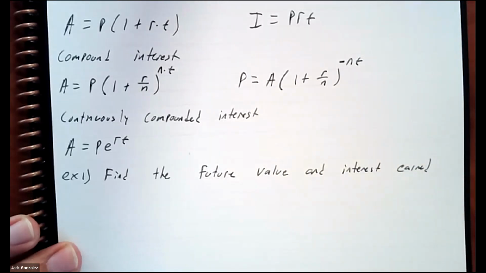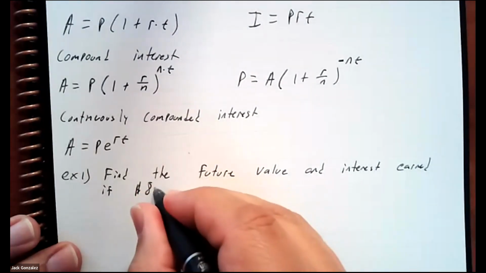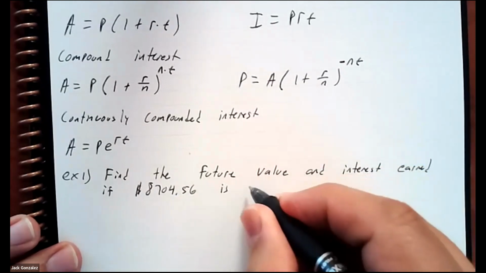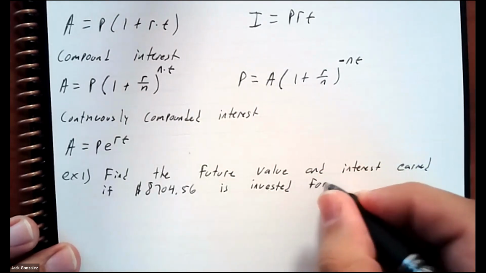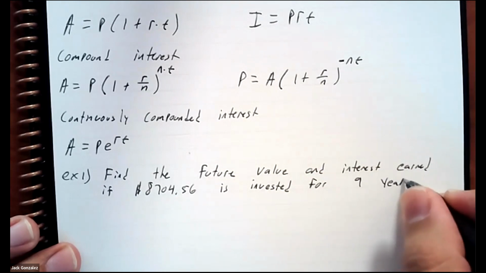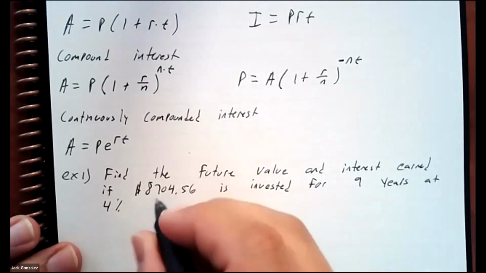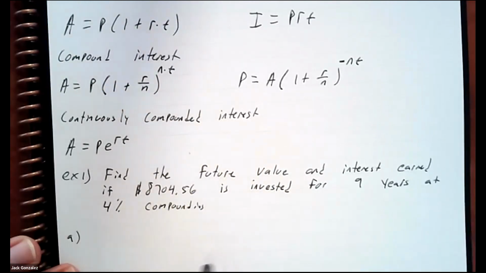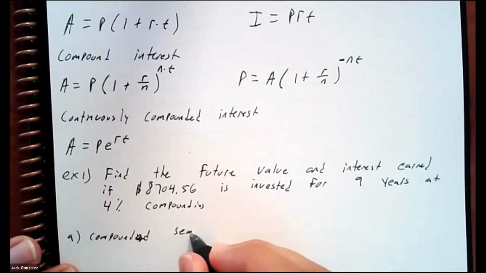Right, find the future value and interest earned if $8,704.56 is invested for 9 years at 4% compounded semi-annually.